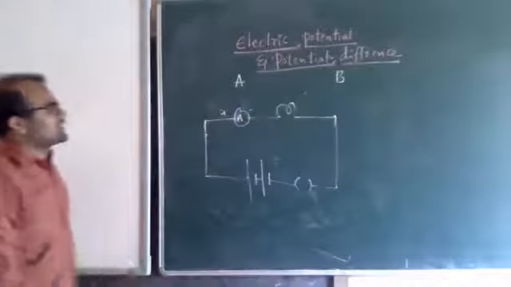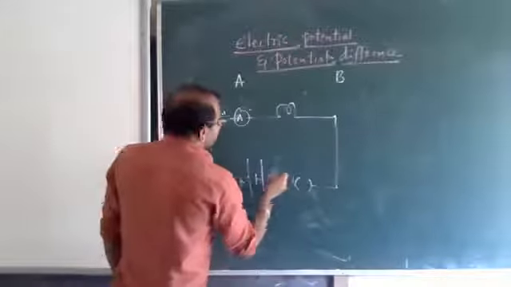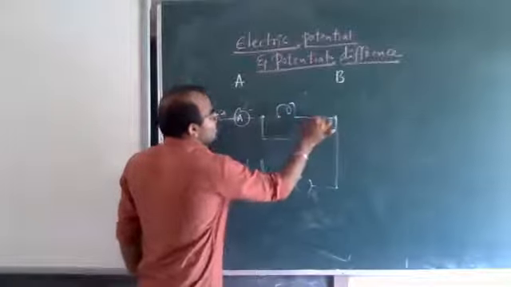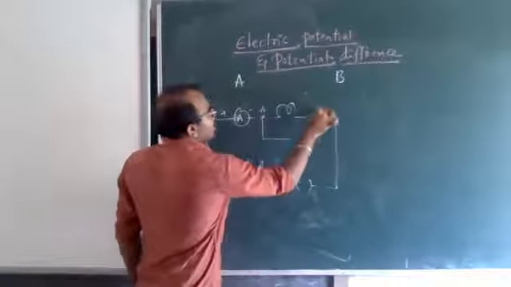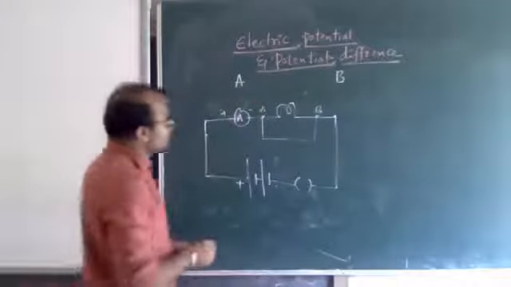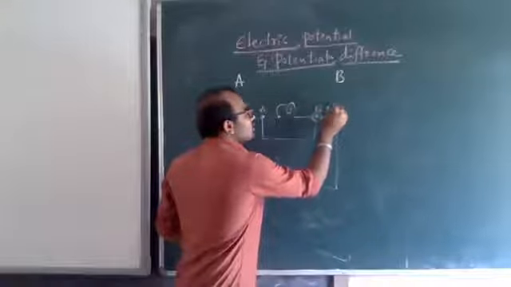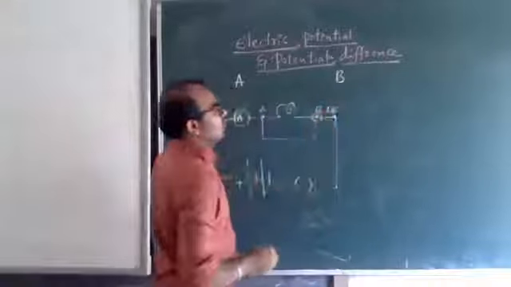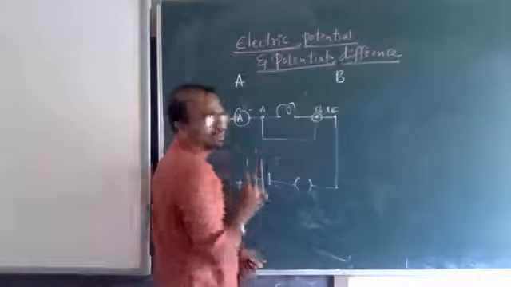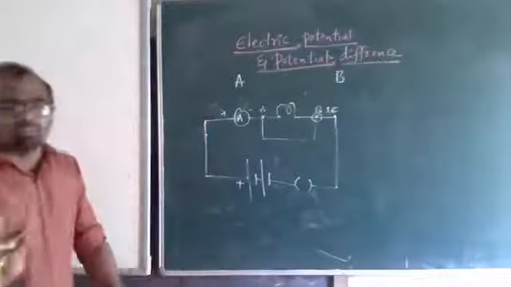I want a potential difference across these two terminals. Here is one point, here is point B. If I want the potential difference, what I need to do is put 1 coulomb of unit charge here, and move it from this point to this point. How much work I am doing in that, that is the potential difference.